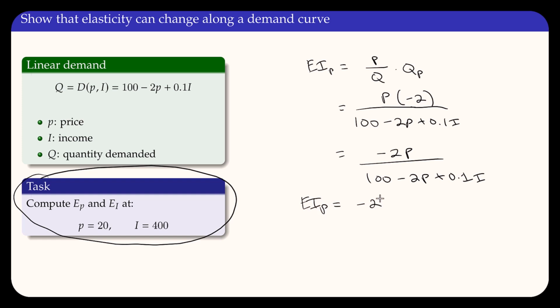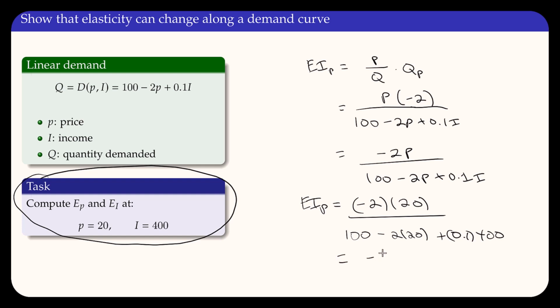When I do that, I get negative 2 times 20 divided by 100 minus 2 times 20 plus 0.1 times 400.